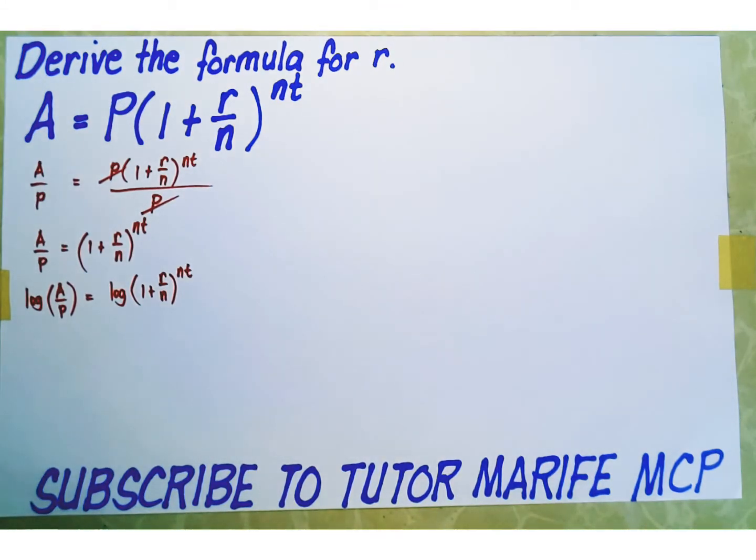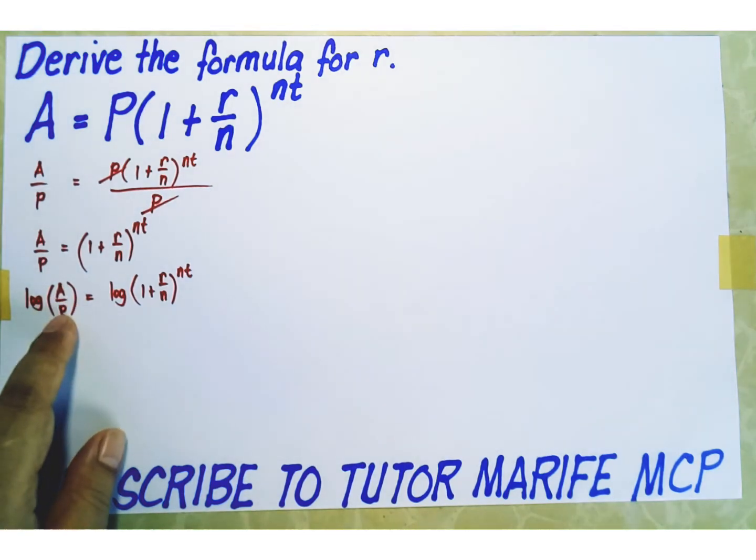Okay, on the left side, I can use the quotient rule for logarithm to expand the logarithm of the quotient. Okay, so what is the quotient rule for logarithm? It says that the logarithm of the quotient of numbers is equal to the difference between the logarithm of the individual numbers.